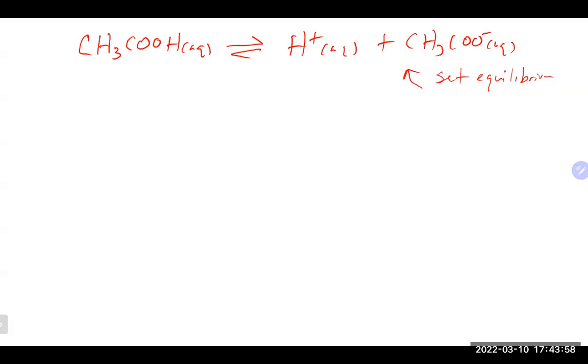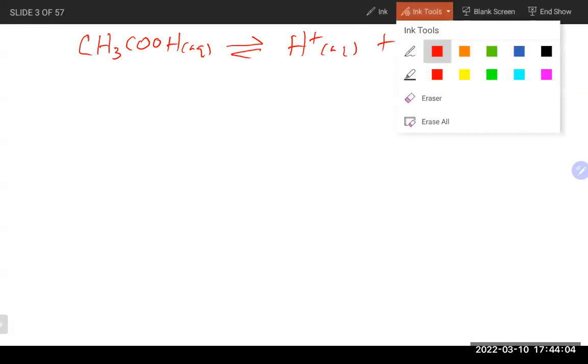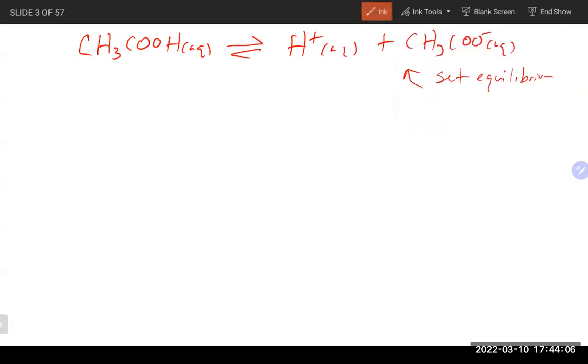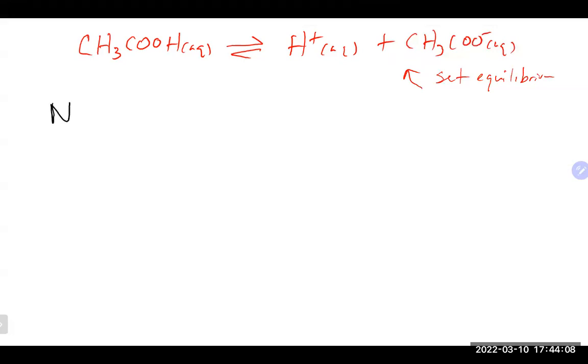Now, what happens if we take something like acetic acid and throw in something else with it, like say sodium acetate. Sodium acetate, as we talked about the other day, is a salt, generated from the reaction of acetic acid and something like sodium hydroxide.